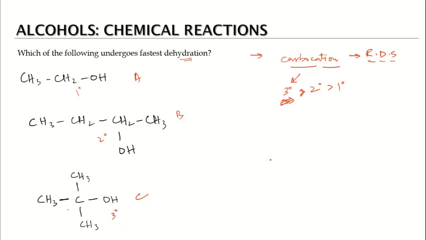So any alcohol which yields the 3 degree carbocation will be the alcohol which undergoes the fastest dehydration. In this case, alcohol C will show faster dehydration than B than A. This means 3 degree alcohols show faster dehydration than 2 degree alcohols than primary alcohols. So we have to remember this point.